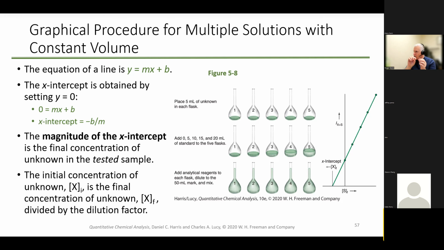And then that goes through a column, and then the column slows different molecules down by a different amount, right? Okay, yeah. So by the time these molecules get to the detector, their matrix, that is all the other stuff around them, it's all the same.